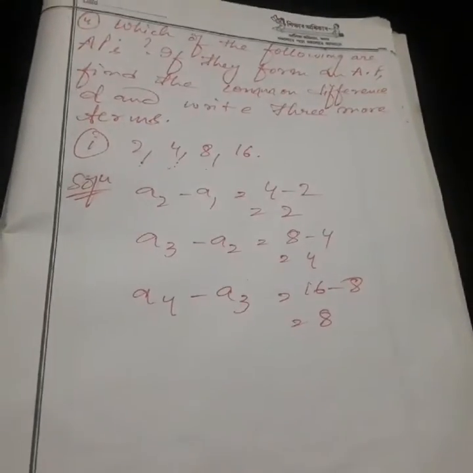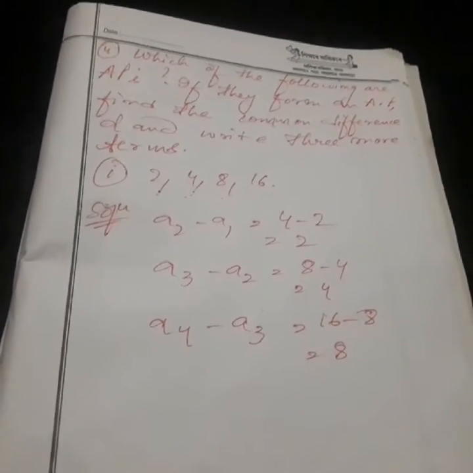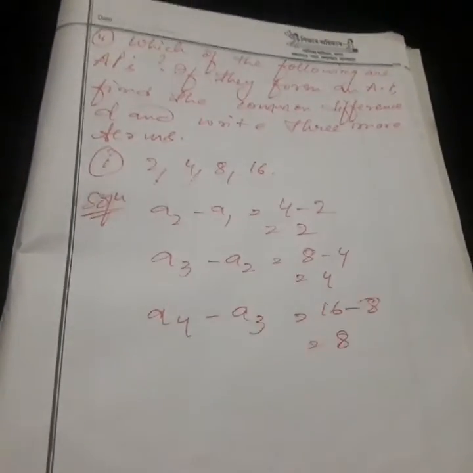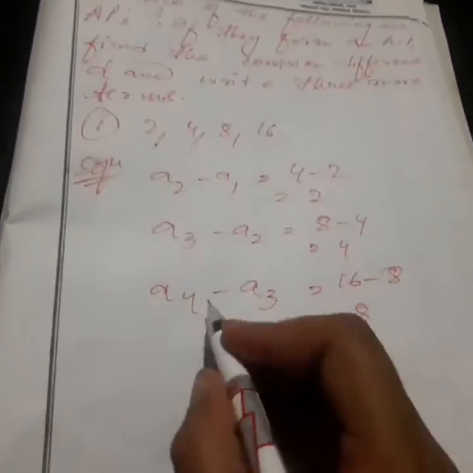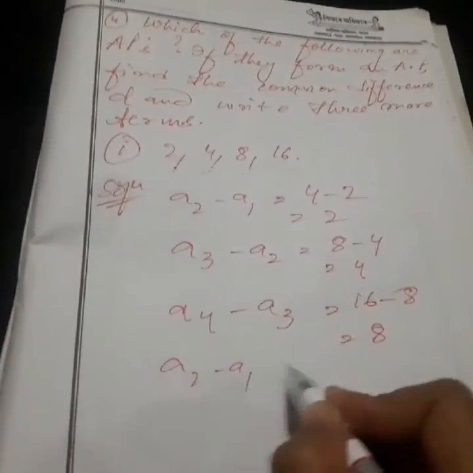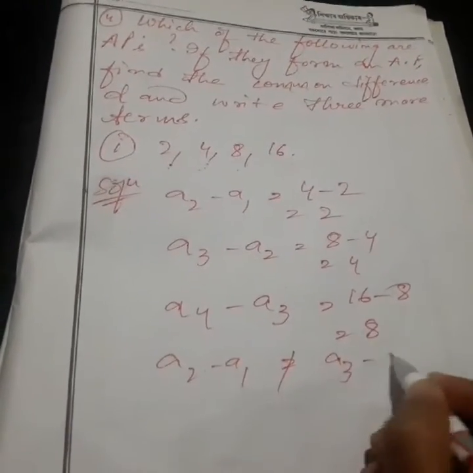Okay, so is this in AP? No, this is not in AP, since the differences are not the same. The differences here are not the same, right? So what will we write? A2 minus A1 is not equal to A3 minus A2, and not equal to A4 minus A3.